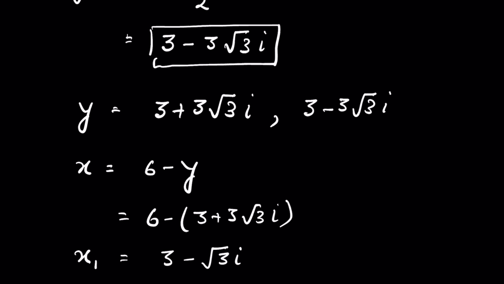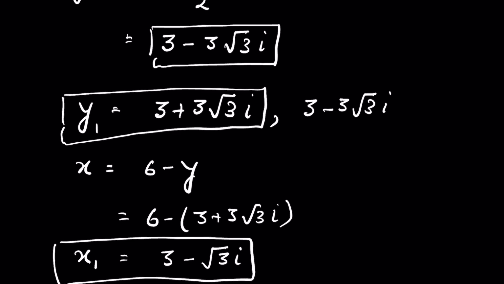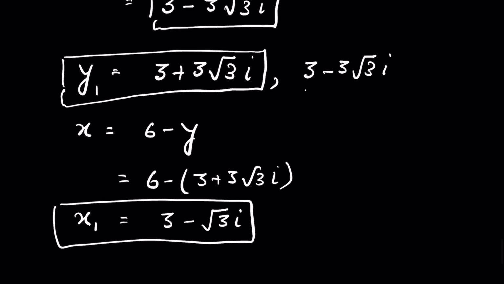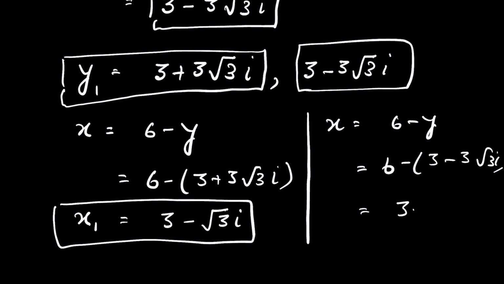So one value of x will be 3 minus 3 times square root of 3 i when y is 3 plus 3 times square root of 3 i. When y is 3 minus 3 times square root of 3 i, in that case x is 6 minus y, or x is 6 minus (3 minus 3 times square root of 3 i), or it is 3 plus 3 times square root of 3 i.